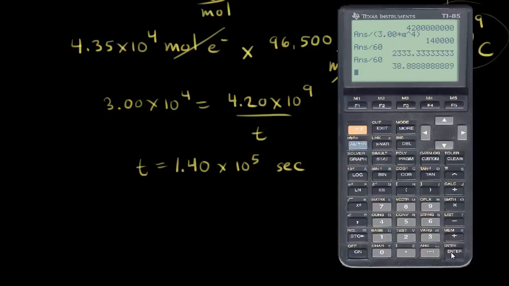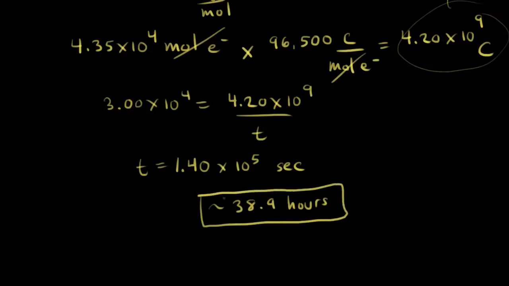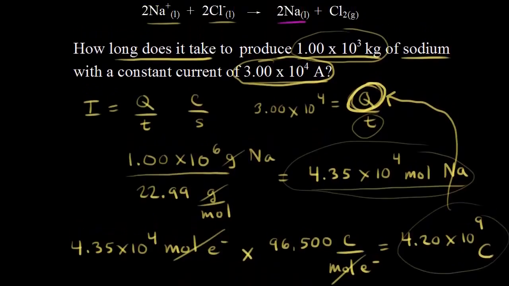So 38.9 hours, approximately. So it would take us 38.9 hours to make, let's go back up here to remind ourselves, 1.00 times 10 to the 3rd kilograms of sodium.